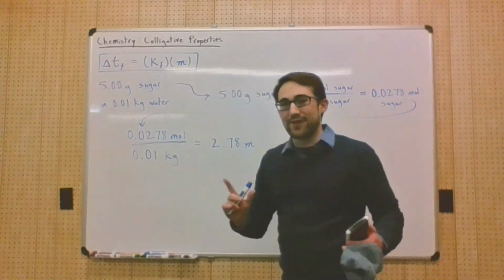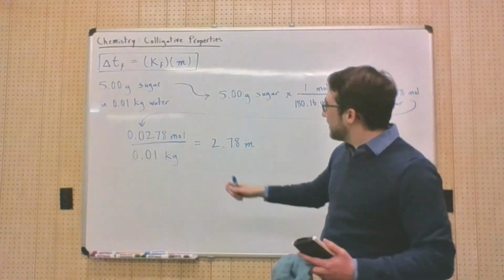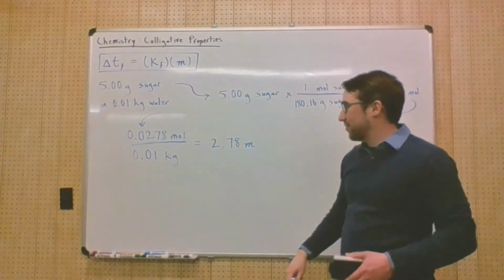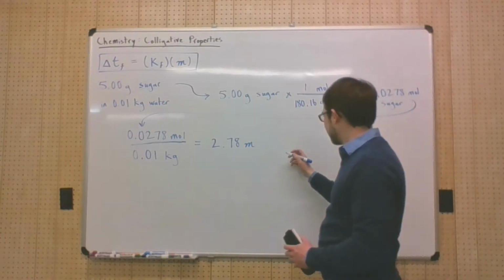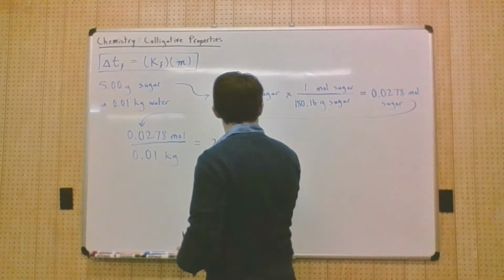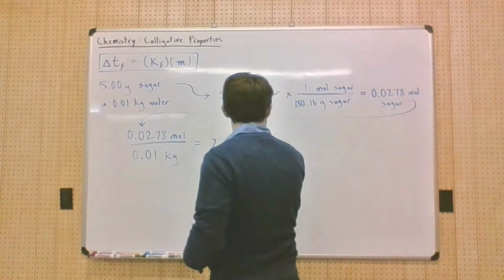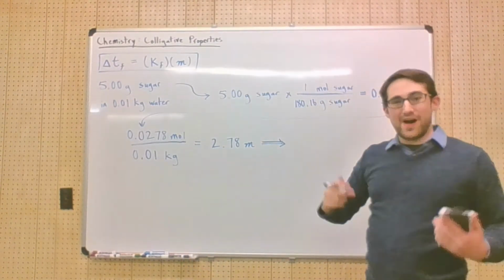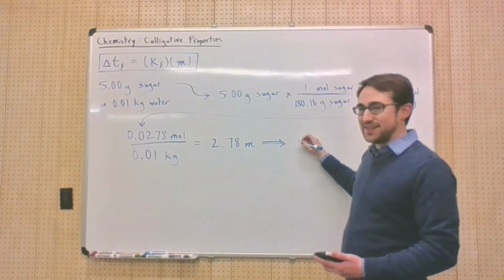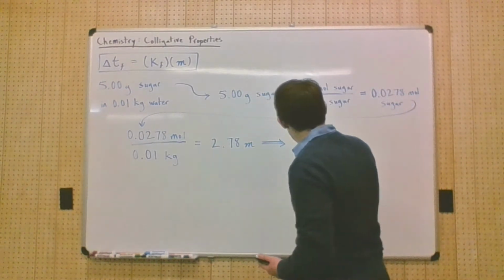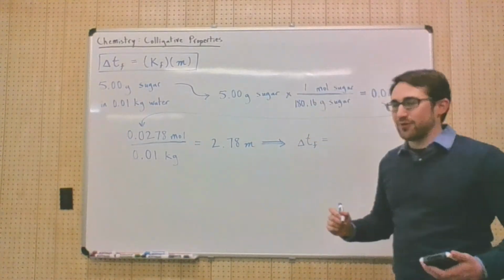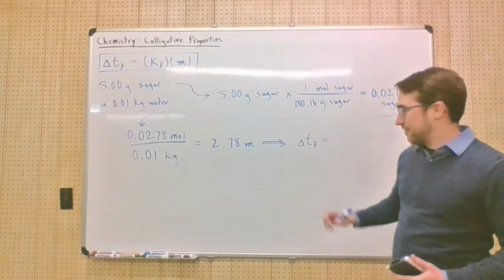Okay, because we definitely need this, but we still need to figure out how much the freezing point is lowering by. So, one last step. Okay. My depression of my freezing point, my delta TF, is going to be equal to my KF.